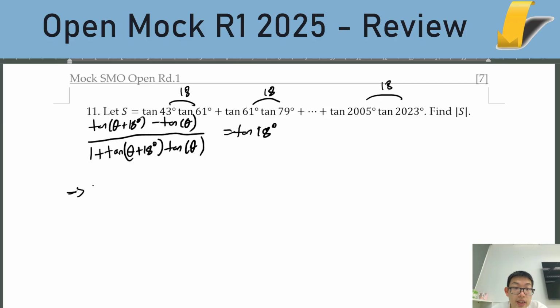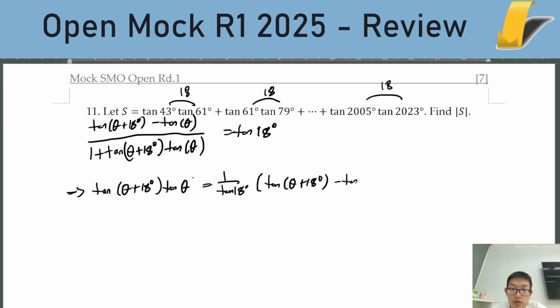So this implies that for all of these, if I make this the subject, this is equal to 1 over tangent 18 times the difference, minus 1. Basically, there is also a product to sum-ish thing for tangent.